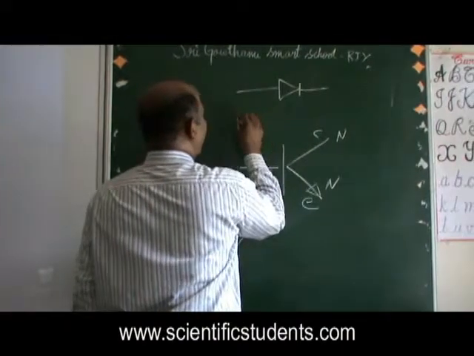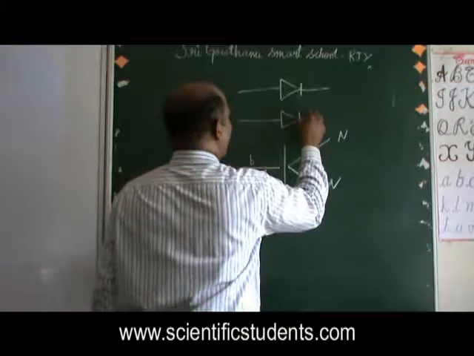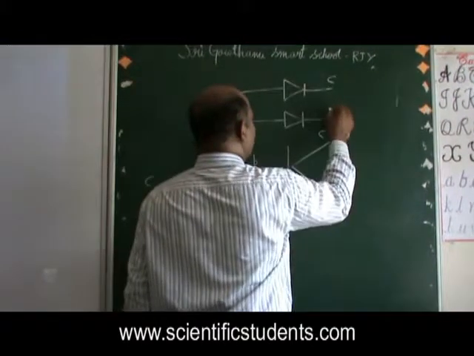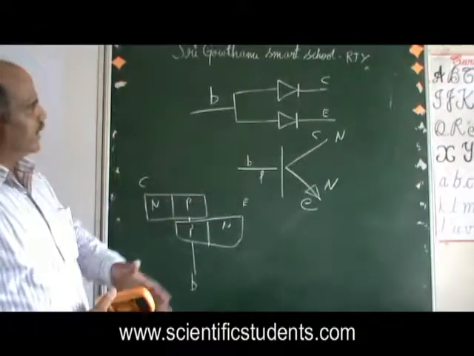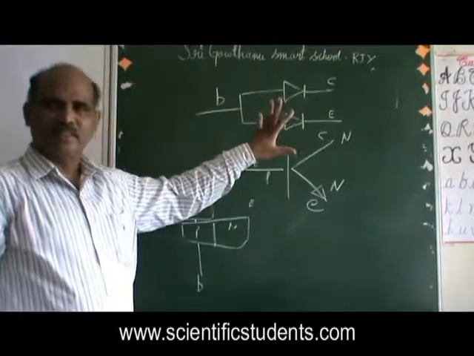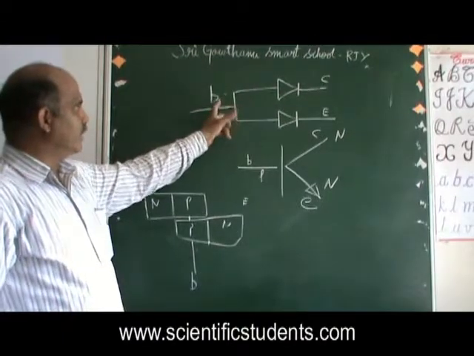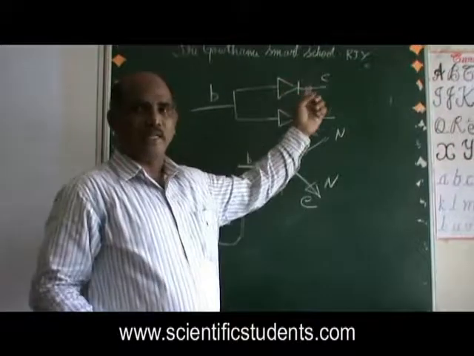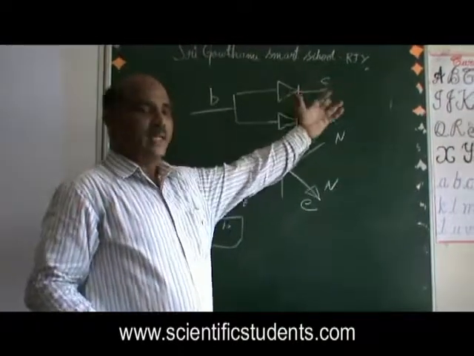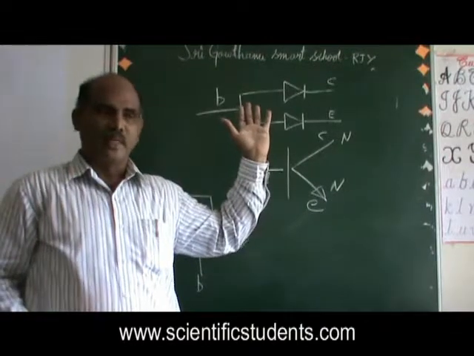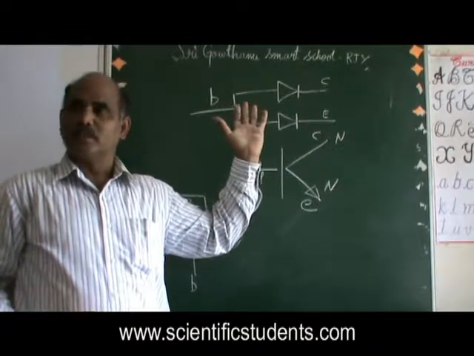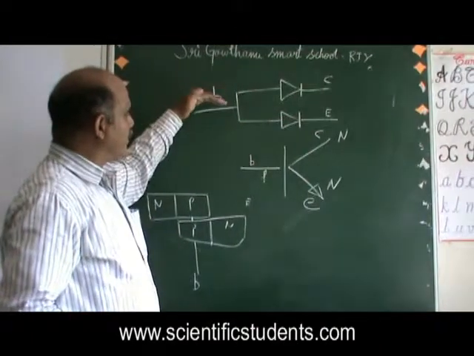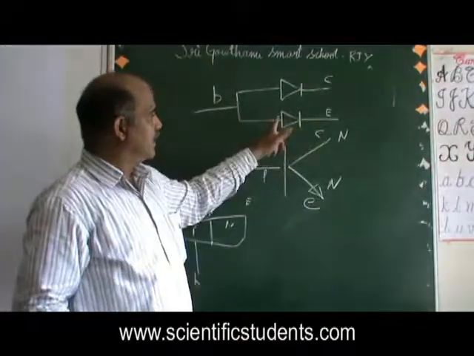There are two diodes in the transistor. You need to check one diode from base to collector. It must show a reading, but in the reverse direction you should not get anything, because if it leaks, that means collector to base is leaking. That should not take place. If that is the case, the transistor has failed. Similarly, it must show the forward bias condition from base to emitter, because it's anode and cathode.